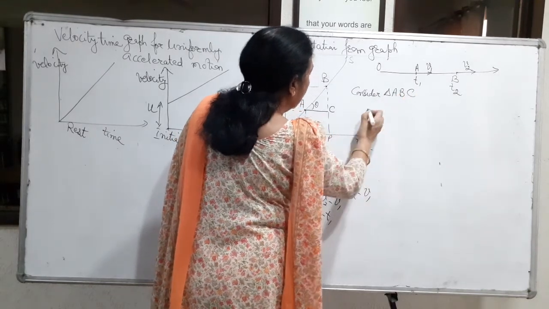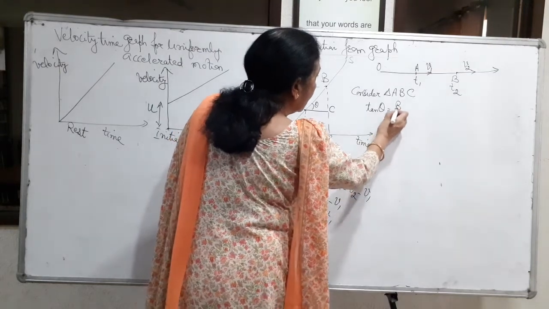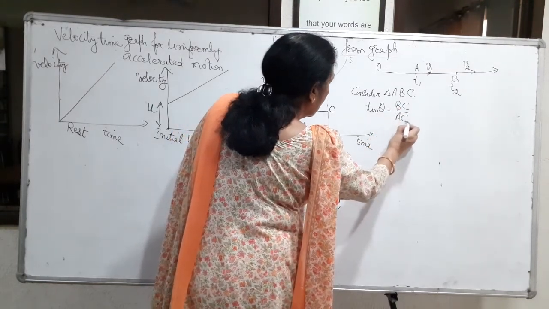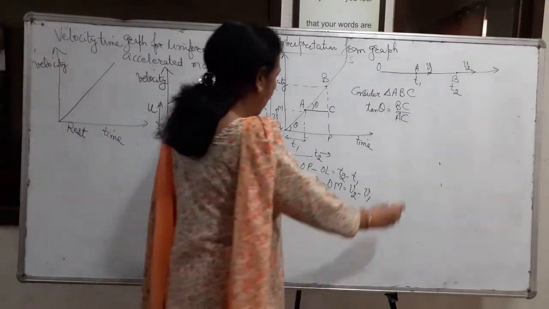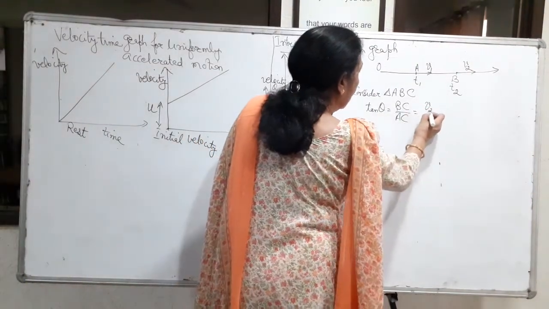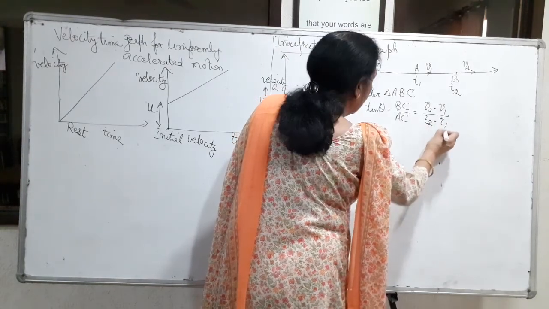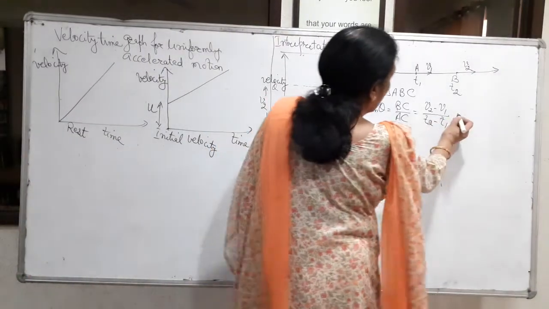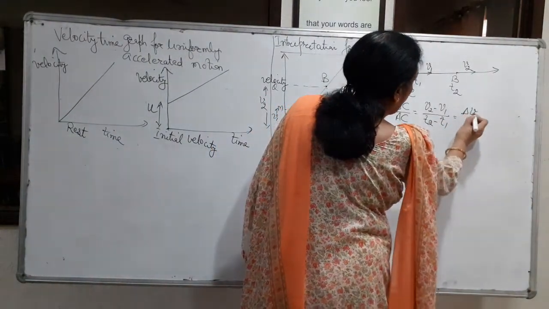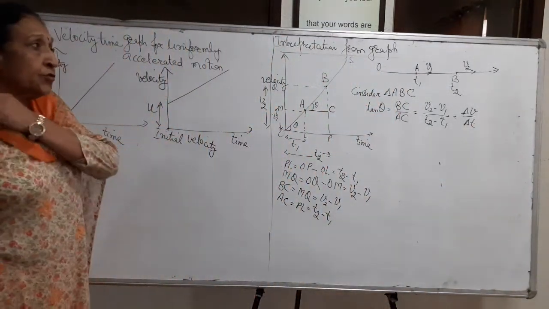In this triangle, what is the value of tangent theta? Tangent theta is perpendicular side over base, so it will be BC upon AC. Now BC is v2 minus v1 and AC is t2 minus t1. So this is the total change in velocity corresponding to the time interval t1 to t2.